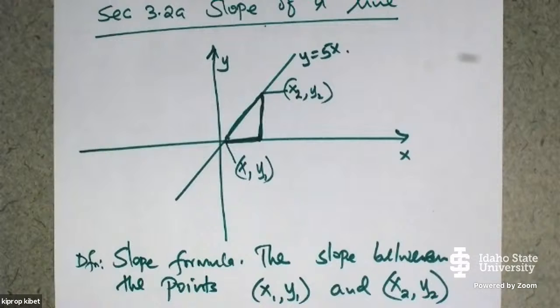So this is 0 and this one is undefined. Are we clear for that? Good.